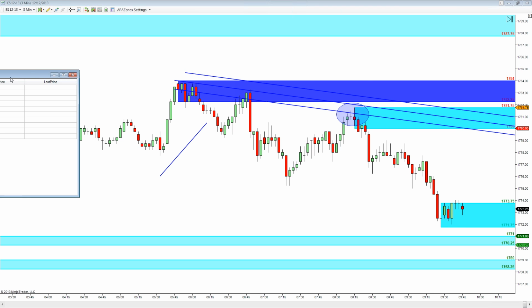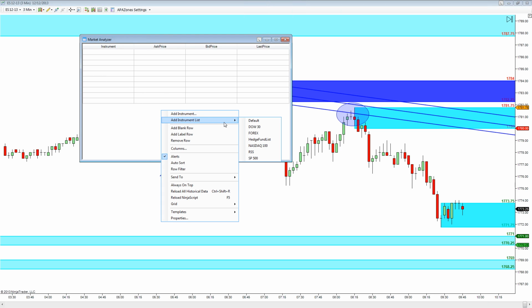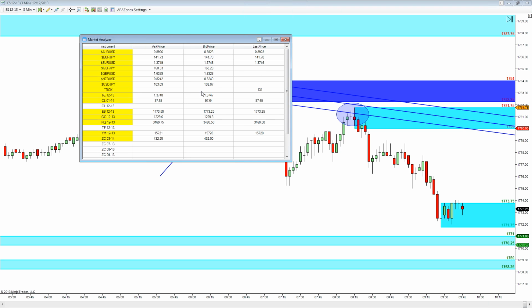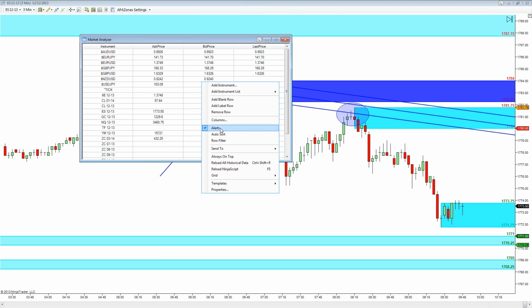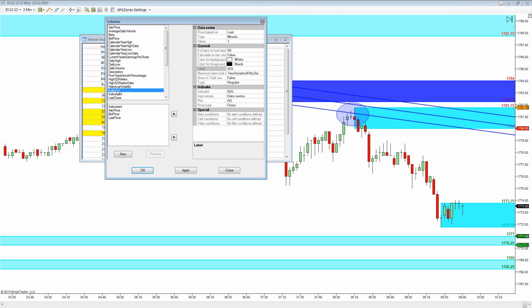And if you guys are not familiar with the Market Analyzer, let me add a couple different markets here. It allows you to look at multiple instruments all at one time, and then we can go into columns and indicators.